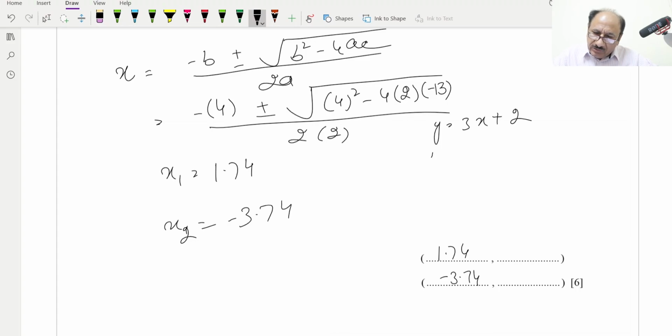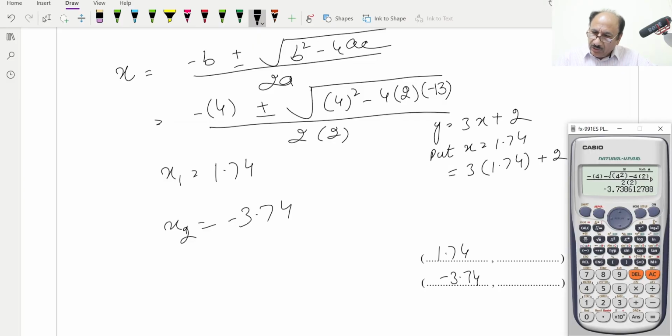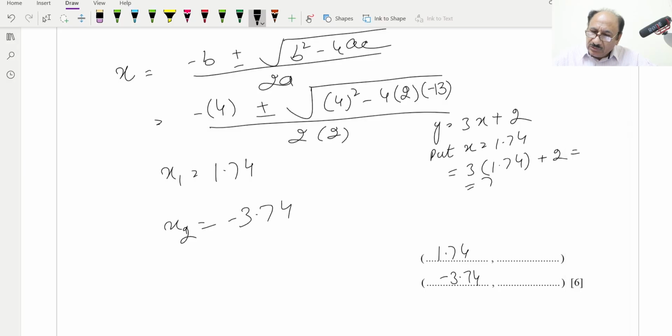If we replace x is equal to 1.74, we will get 3 into 1.74 plus 2, and this will be our y value. We calculate 3 into 1.74 and add 2, so this will be 7.22, which we can copy over here. And now we can find the second value.